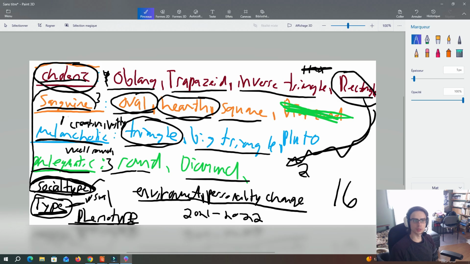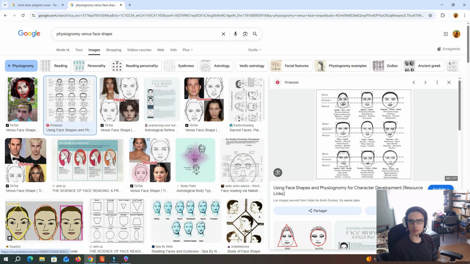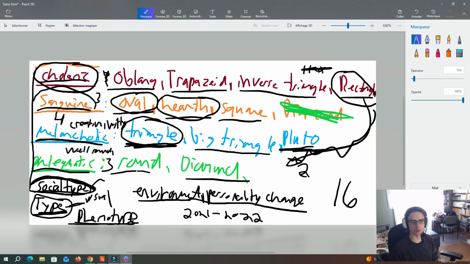Maybe Pluto will be the third one, and I will find another one. I think that Pluto and triangle make a lot of sense, because some people are very Pluto, pretty much like that, and not really triangle, even if they look a lot alike. Inverse triangle, yeah, I include this one.